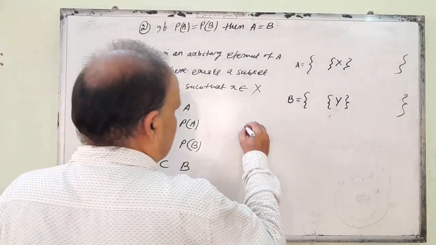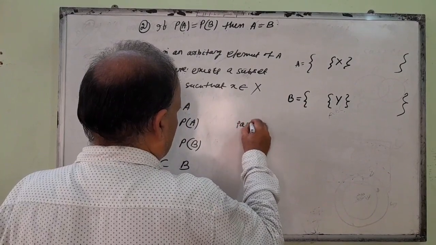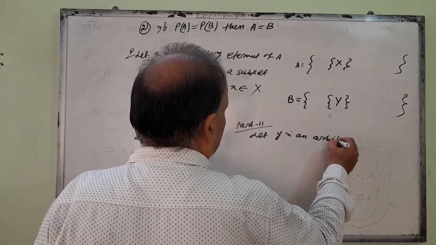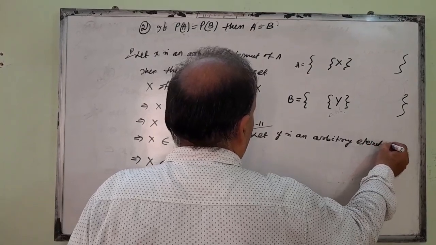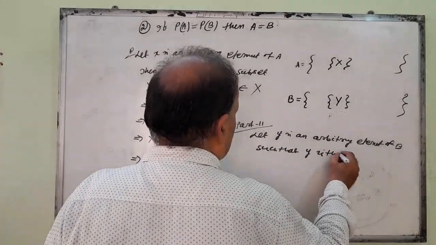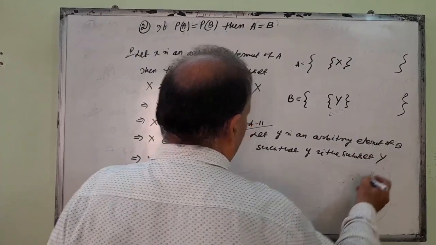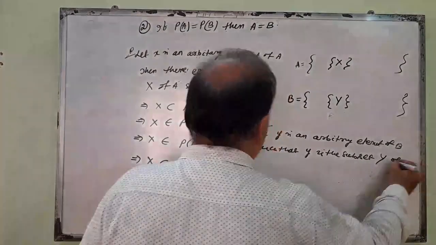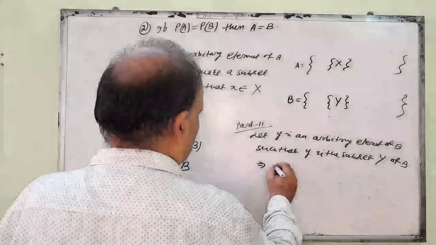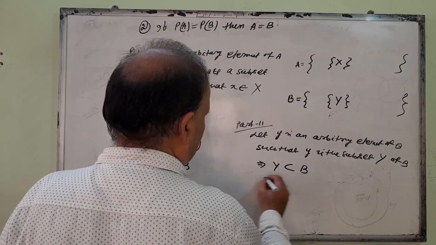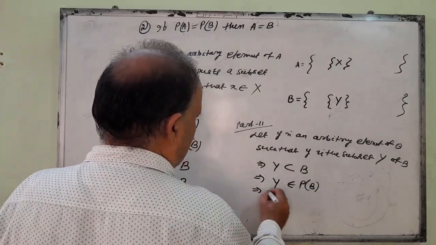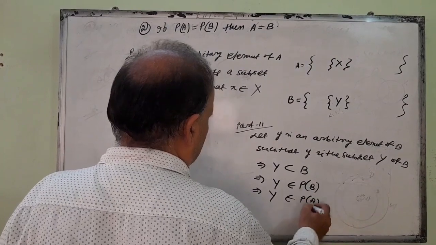Again, in a similar manner, part 2. Let small y be an arbitrary element of B such that y belongs to the subset capital Y of B. So capital Y is a subset of B. This implies that capital Y belongs to the power set of B. This implies that capital Y belongs to the power set of A, because PA is equal to PB.